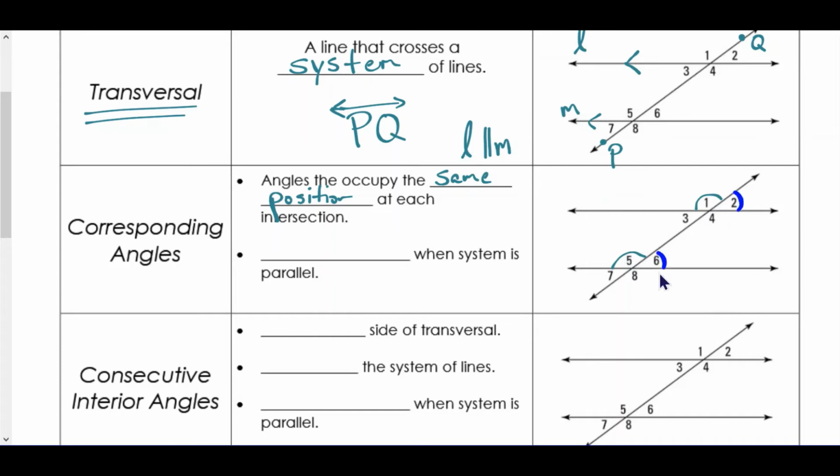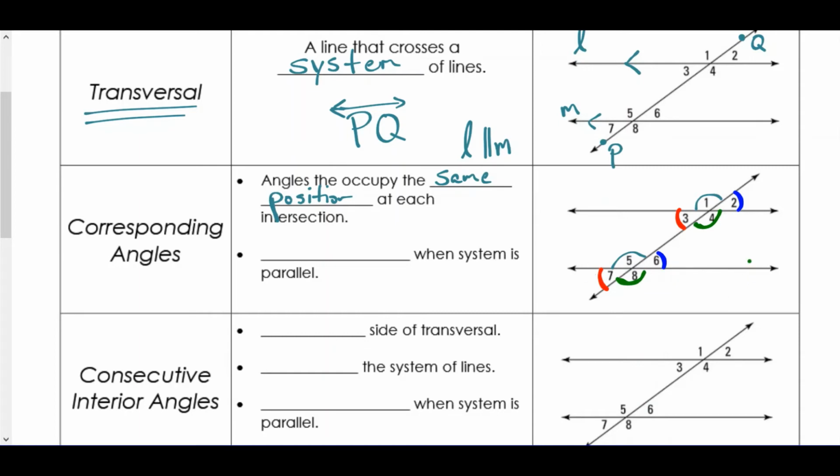Angles 2 and 6 are corresponding. Angles 7 and 3 are corresponding. And 8 and 4 are corresponding. You can see that they're in the same spot. These two are in the bottom right in that intersection, and that's the same kind of intersection here. That green angle 4 and this green angle 8 are in the same position.